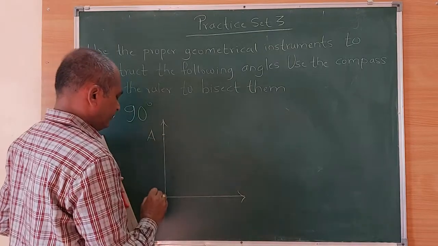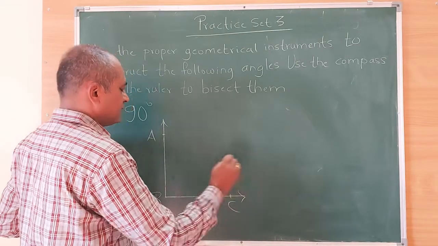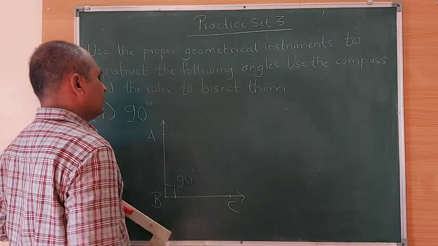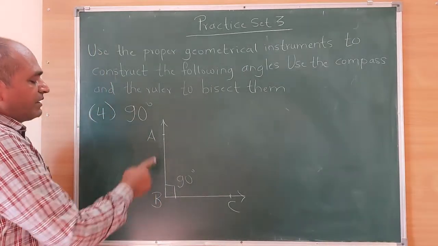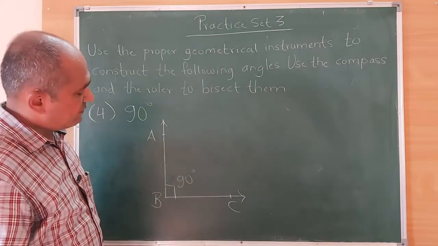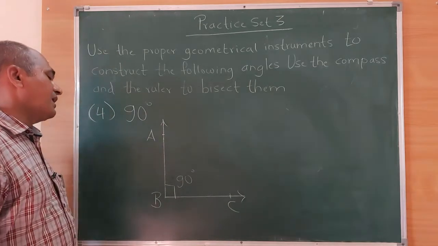A, B, C, 90 degrees. So the measure of angle ABC is 90 degrees. So we have finished drawing an angle which measures 90 degrees, that is a right angle.